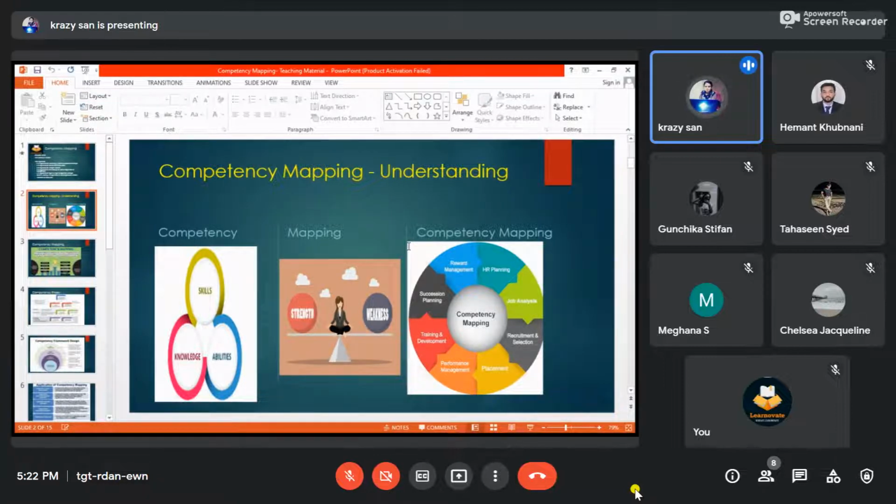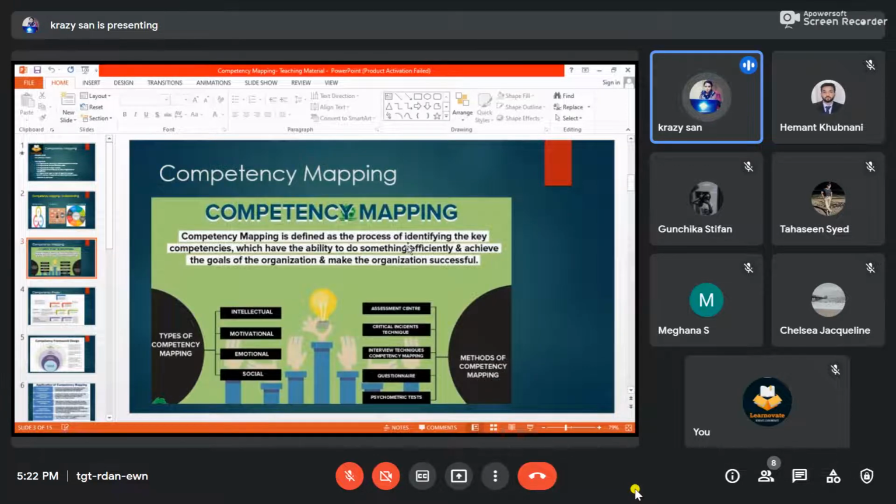It means you are making a balance, measuring the strength and weakness of human resources, to fulfill the requirements of the organization and of the employees in that organization, to perform given tasks, duties, and jobs with maximum utilization of their skills, knowledge, and abilities.